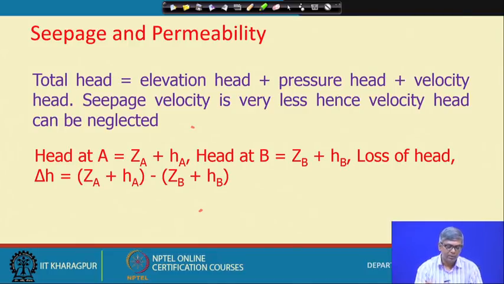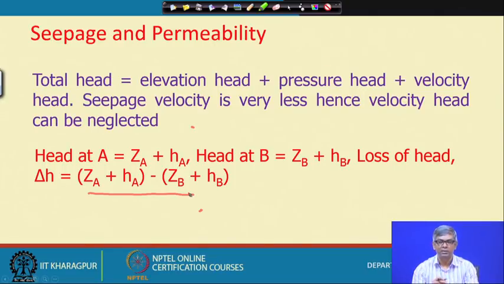If I ignore that and consider two different points, then head at point A will be datum head Z A plus H A, that is water head or pressure head, and similarly head at B will be Z B datum plus water head there. The loss of head will be the difference between these two, and this is the loss of head. Over what length do I calculate this much head loss?